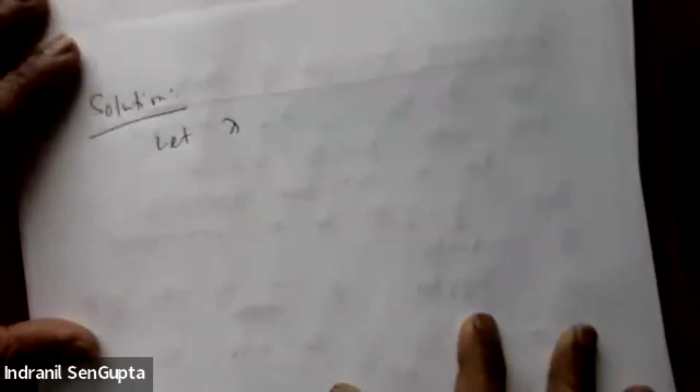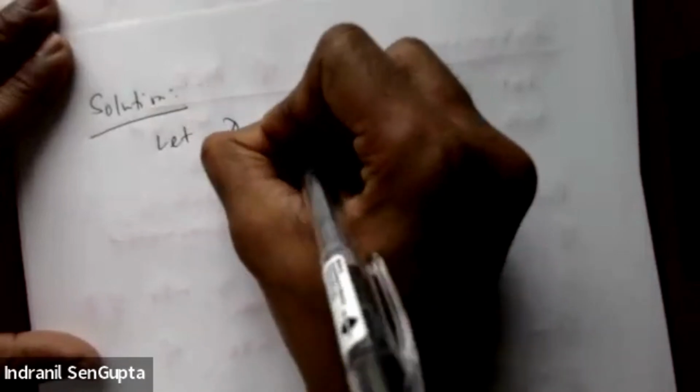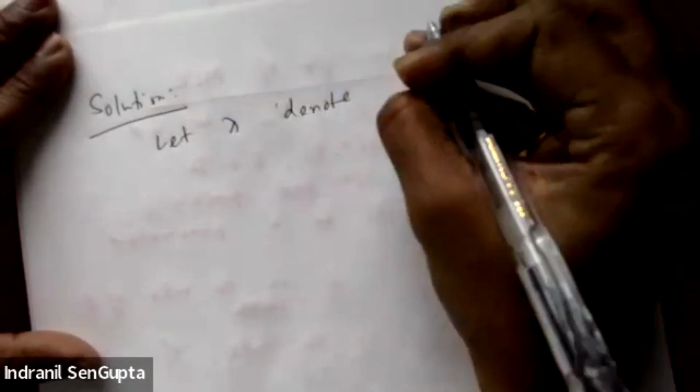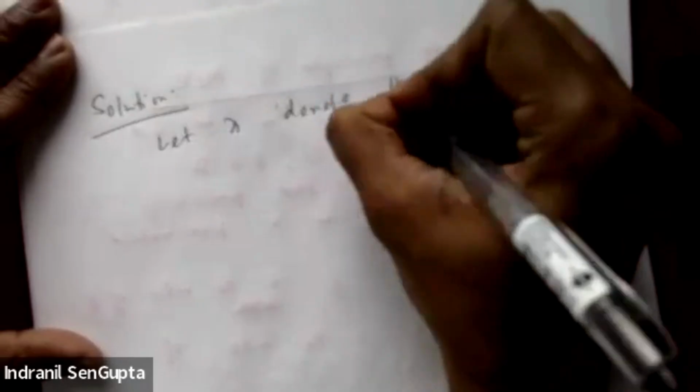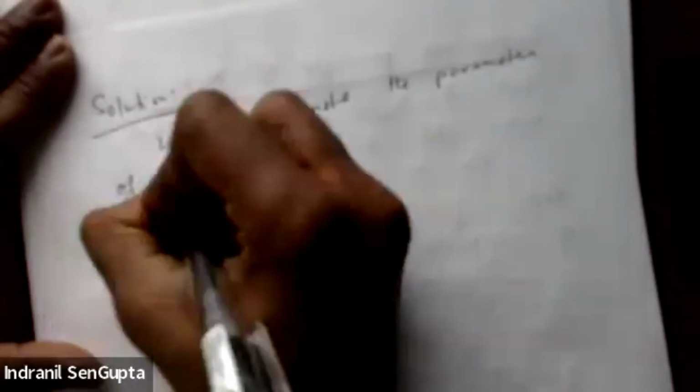So let lambda denote the parameter of the Poisson distribution.